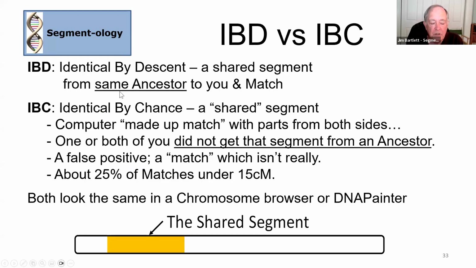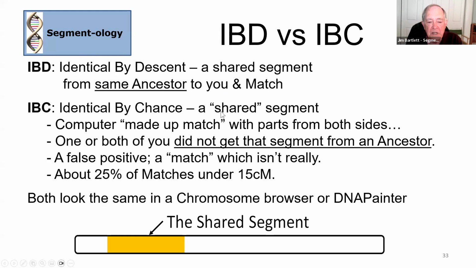Okay. So one other concept that we have to have here is identical by descent and identical by chance. You could read this instead of these fancy terms, identical by true or false is what it means. So identical by descent means a shared segment from the same ancestor to you and to the match.